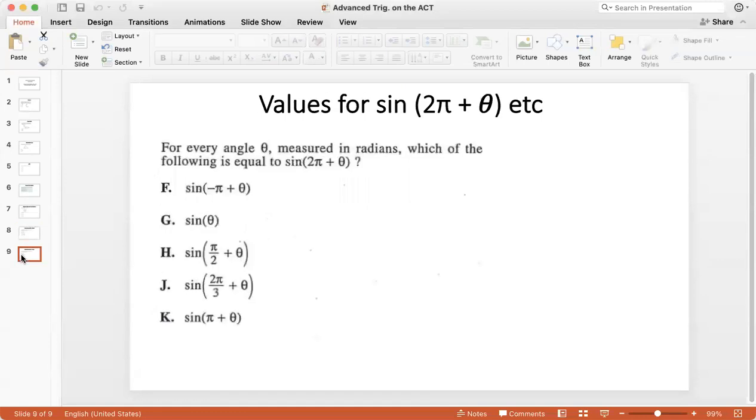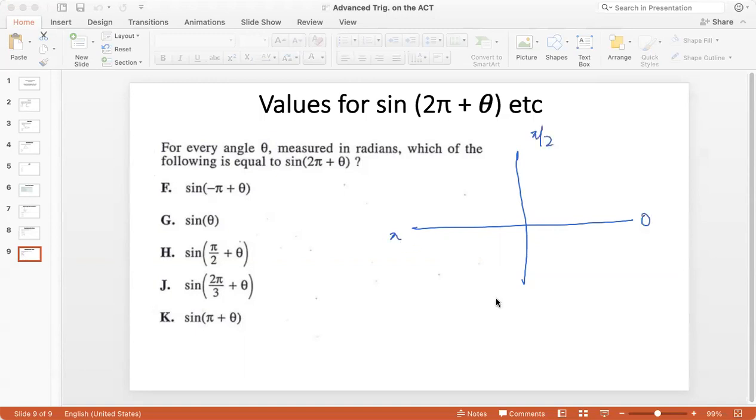And finally, we have values for sine of an angle after it has rotated through a certain number of cycles. So let's say I again look at my trigonometric plane, 0, pi by 2, pi, 3 pi by 2, and 2 pi.